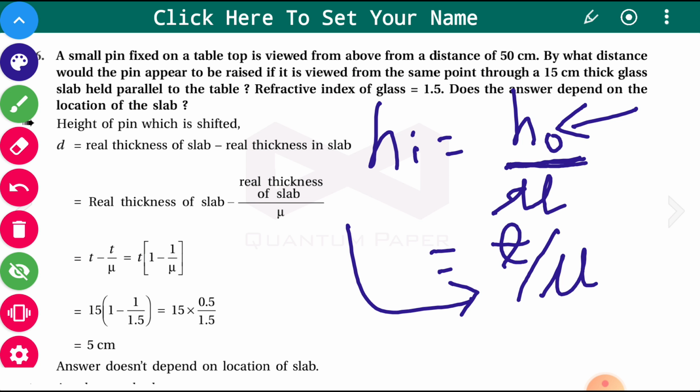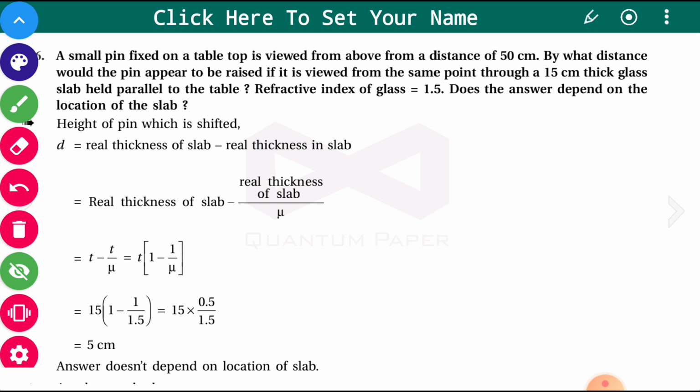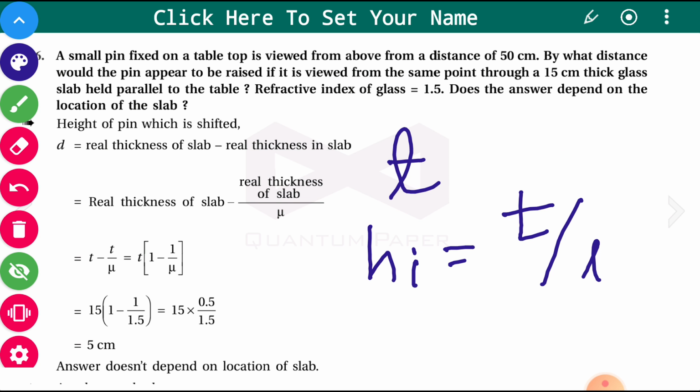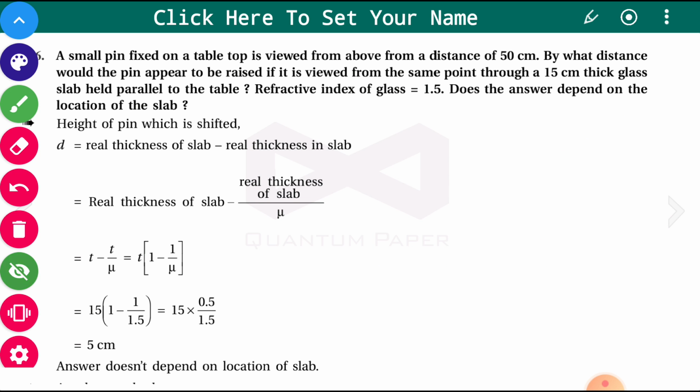So if the real thickness is T and the imaginary thickness is T upon mu, then the height of the pin which is shifted will be the original minus the virtual, that is T by mu.